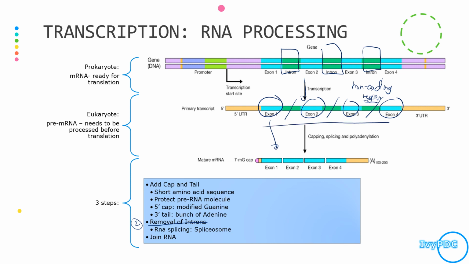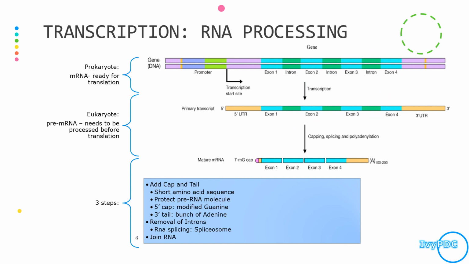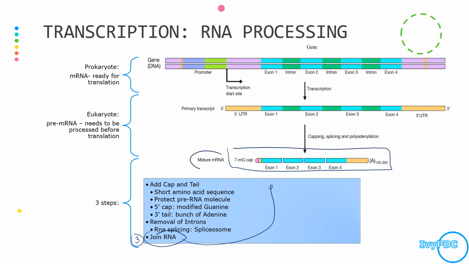This is done by the use of an enzyme complex called the spliceosome in the process named RNA splicing. And lastly is just to join the RNA together so that we can have a complete mature mRNA. This mature mRNA is what will be used for the next process, which is translation.